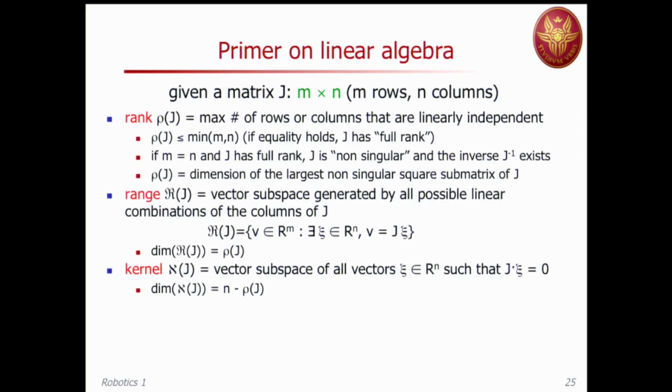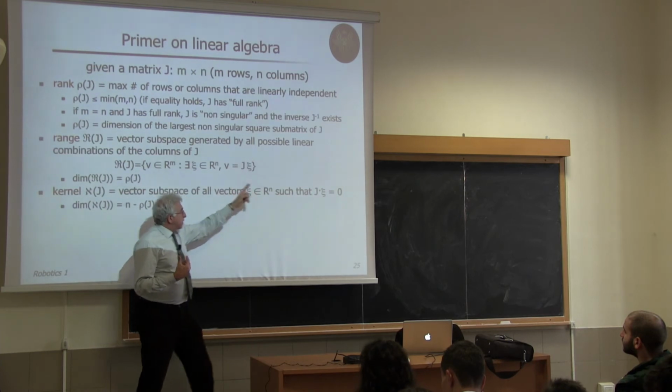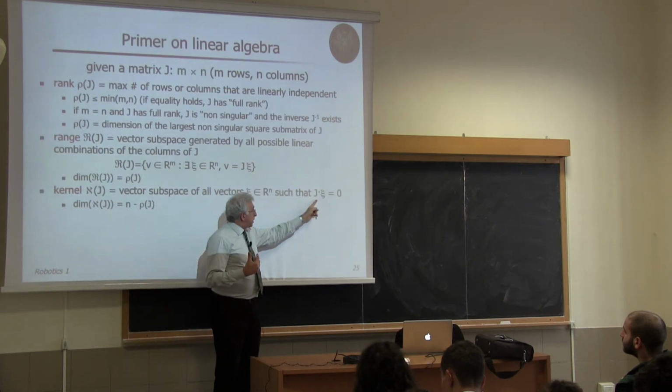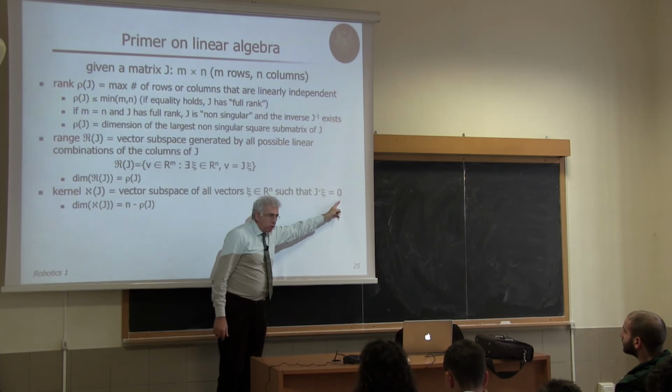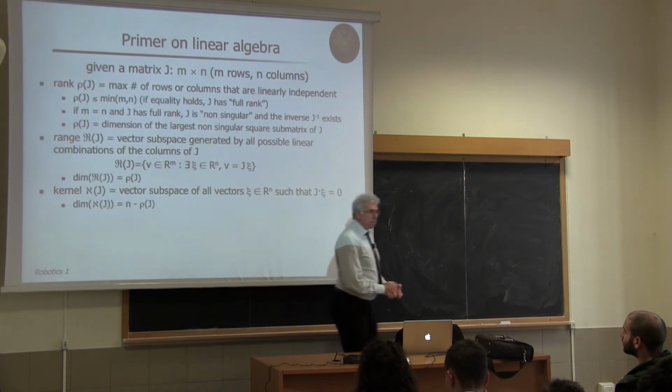And similarly, I can look at the kernel or the null space of this matrix, which, in our interpretation, is all joint velocities that, when you execute them, will produce no velocity at the level of the end effector. Seems strange, but it's possible.